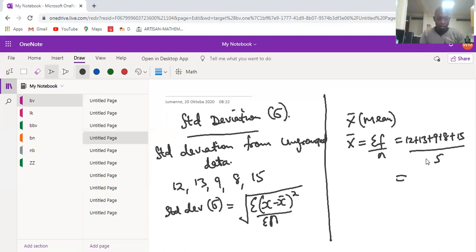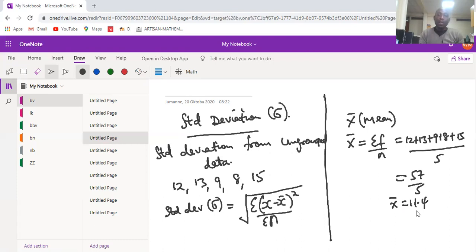This gives us 12 plus 13 plus 9 plus 8 plus 15, which is 57, over 5, which is 11.4. X bar is 11.4.